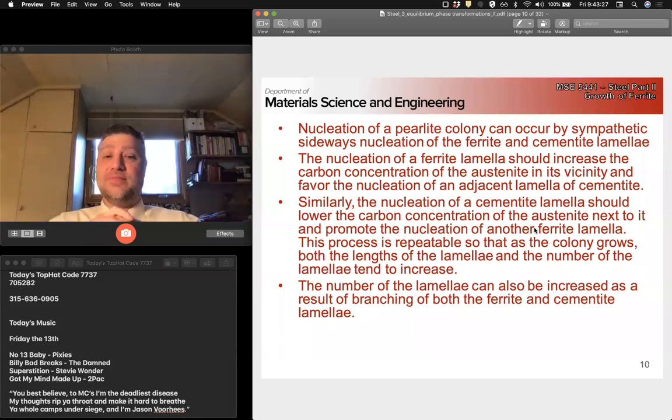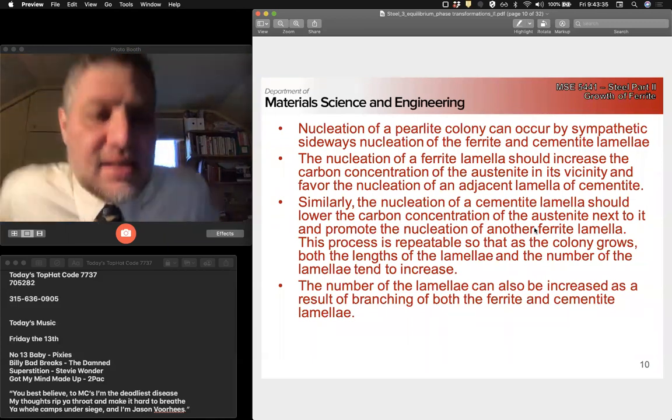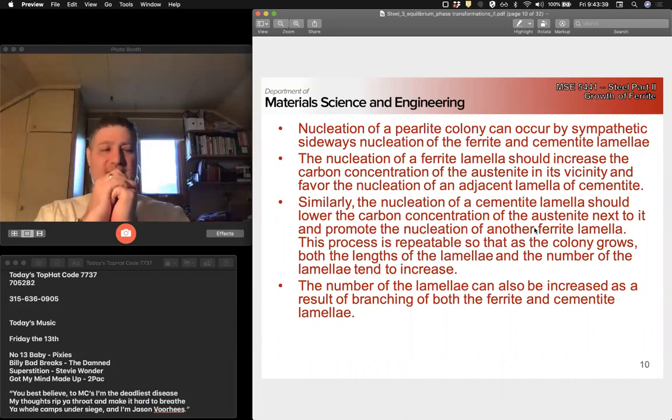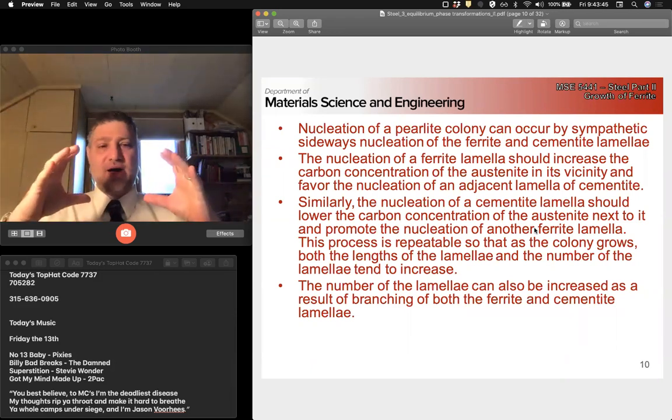cementite lamellae. Right? So if we nucleate ferrite first, that ferrite has a very low carbon concentration relative to the austenite. So we need to partition a large amount of carbon out, right?